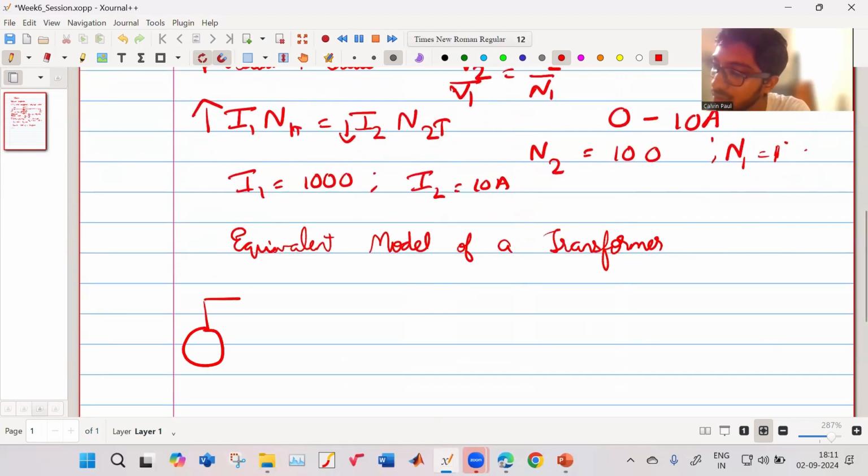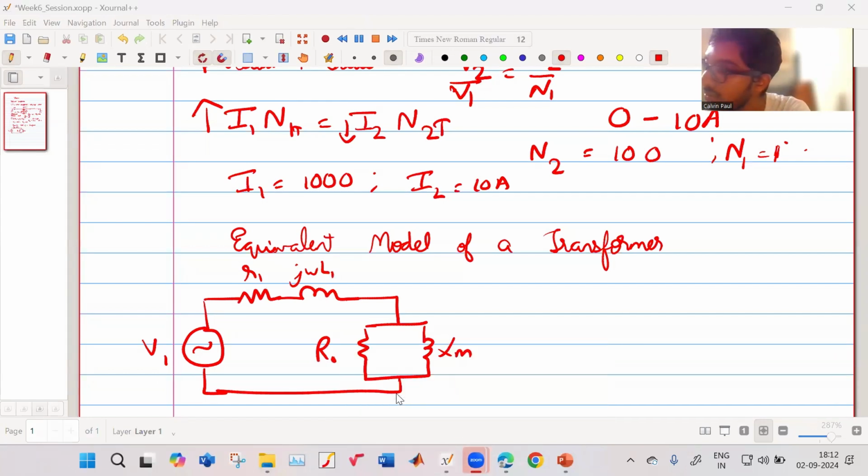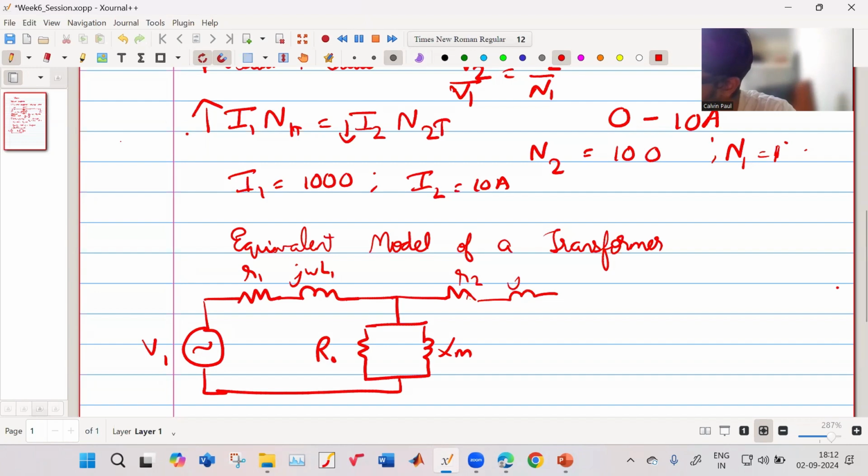This is my input V1. There will be some R1, some j omega L1, my R0, and my XM. Then there will be R2, j omega L2. And then this is the ideal transformer part, where there are N1 turns and N2 turns.